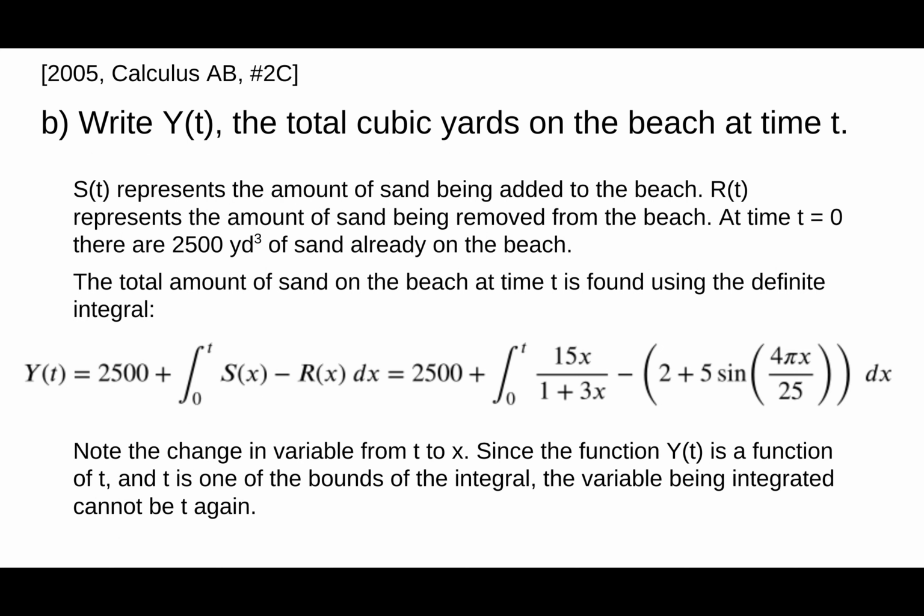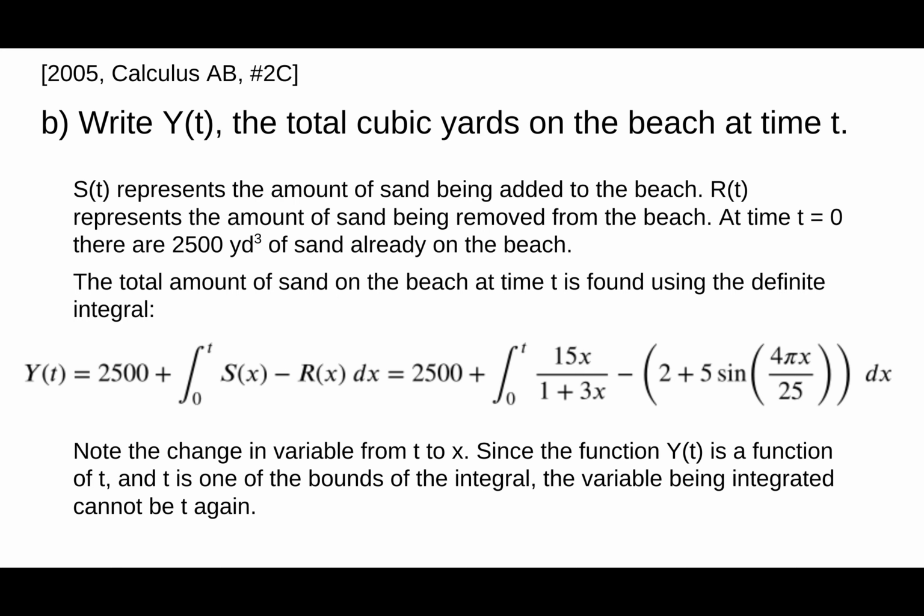And then notice the change of variable here. Because y of t is a function of t and t is actually one of the bounds of our integral, we don't want the variable inside our integral to match one of the bounds. That doesn't make a lot of sense. So typically what we would do in this case is just swap out the t from the functions S of t and R of t and just use what at this point is a dummy variable. It could have been any variable, just not t.